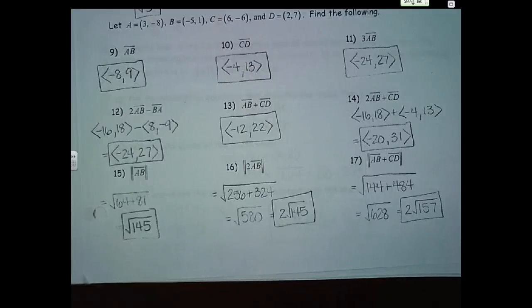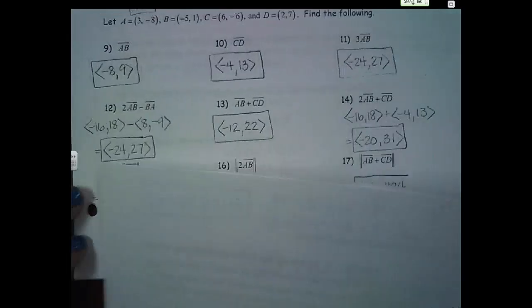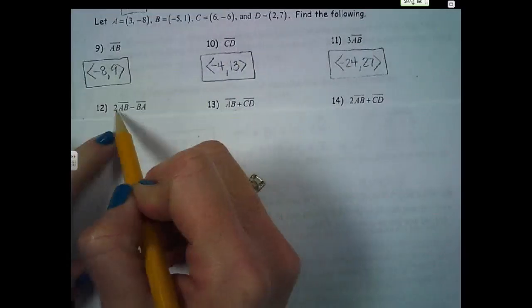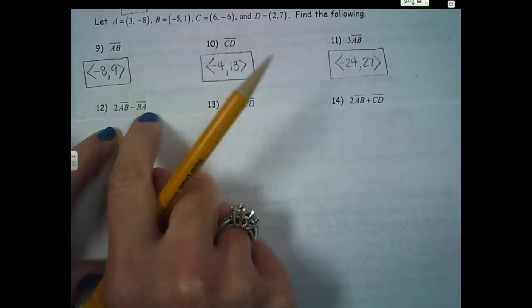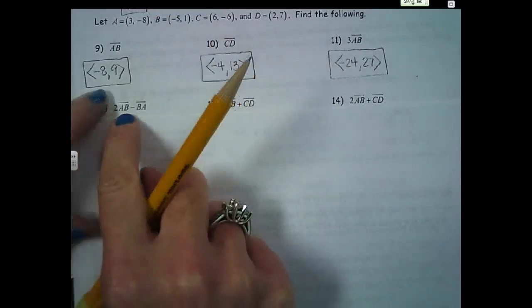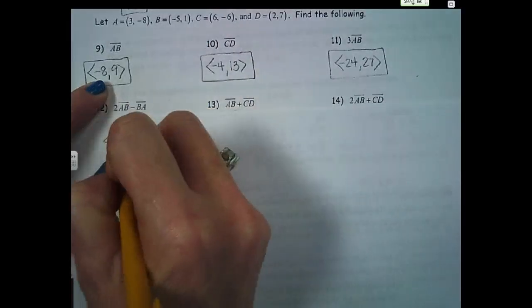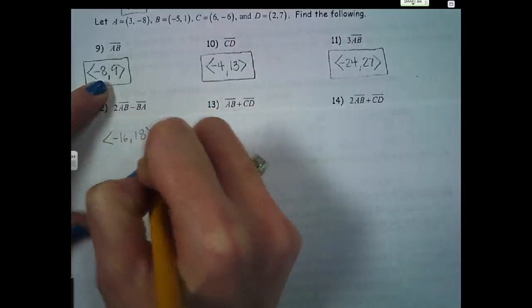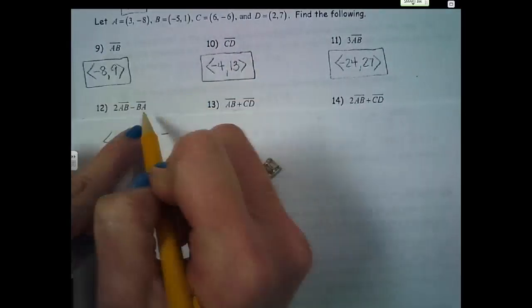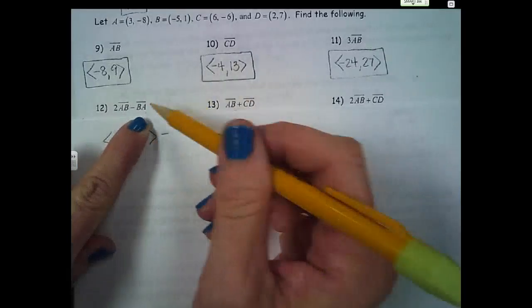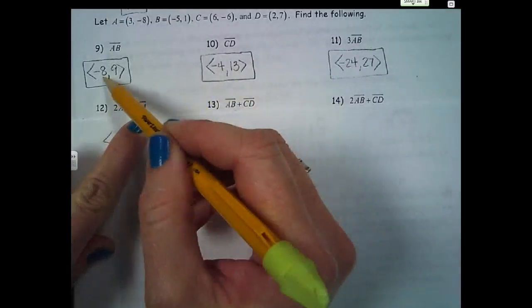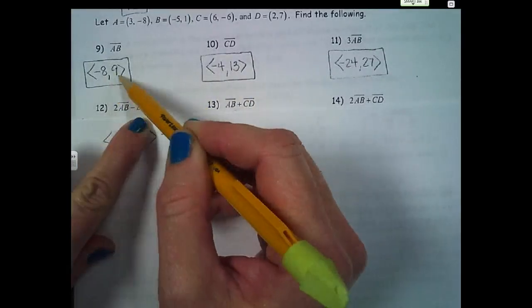If you look at 12, if I was going to do that problem, first I'm going to see if it's anywhere, and it's not. So I want twice AB. Well, AB is here, which gives me negative 16, 18, minus BA. And remember from yesterday, if you go backwards, instead of going left 8 and up 9, we're going to go right 8 and down 9.